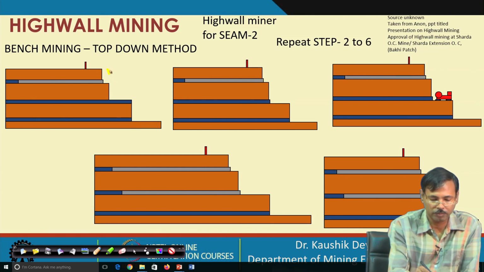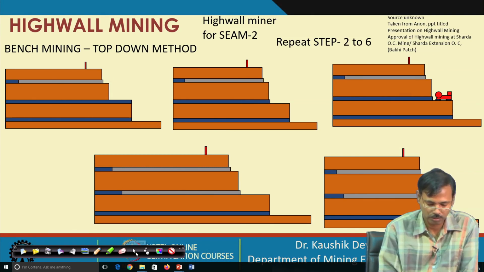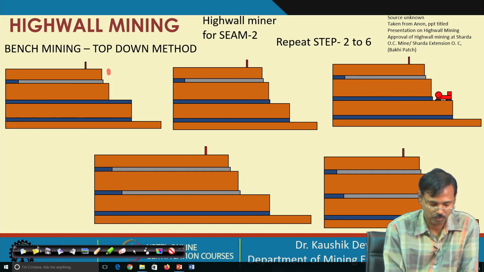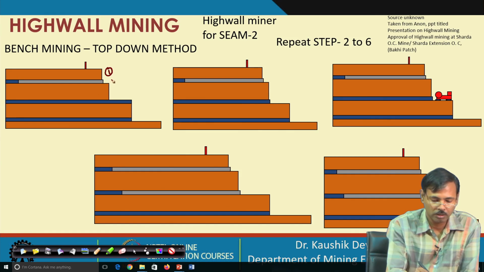So, this is step 1, this is step 2, this is step 3, this is step 4, this is step 5, this is step 6, step 7, step 8, step 9.